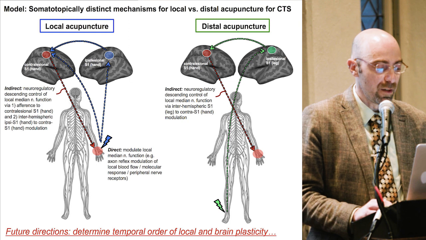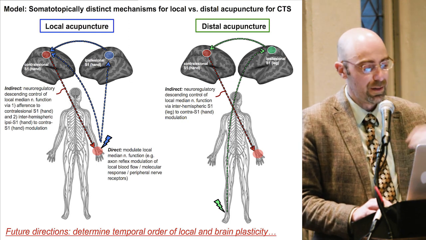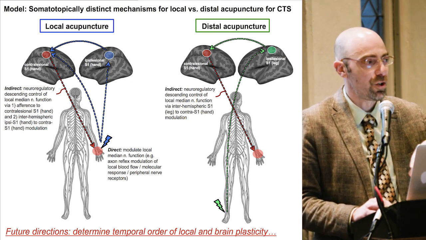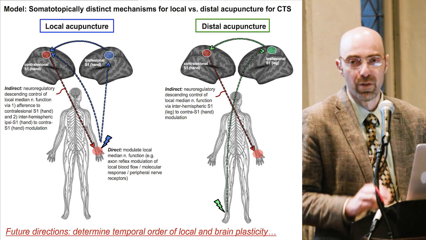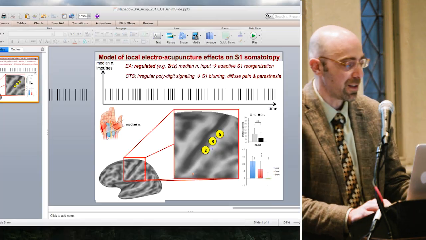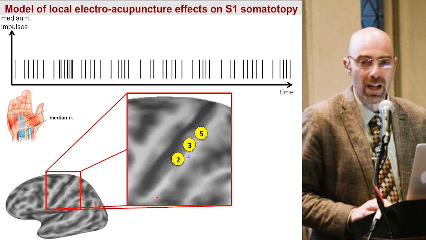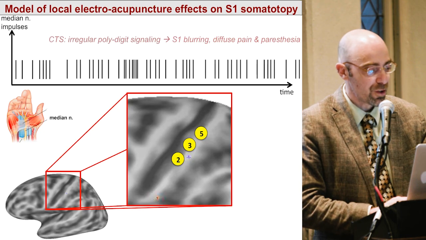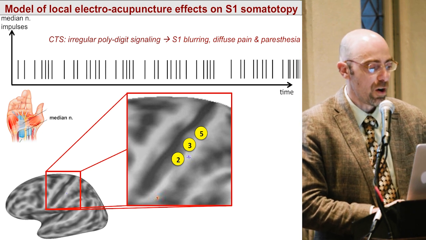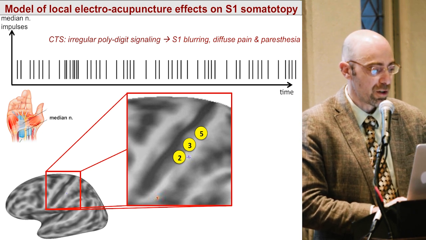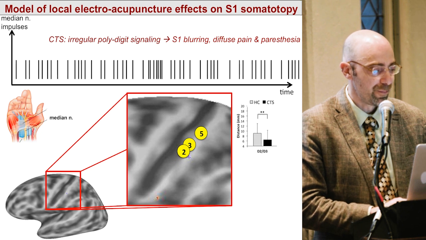So in the future, we want to look at the temporal order of the local changes and the brain plasticity to see what's changing first, the findings at the wrist versus the findings at the brain, or vice versa. And this is a representation of the model where you have this disordered, irregular paresthesia nerve traffic happening along the median nerve, leading to the blurring of digit 2 and digit 3.